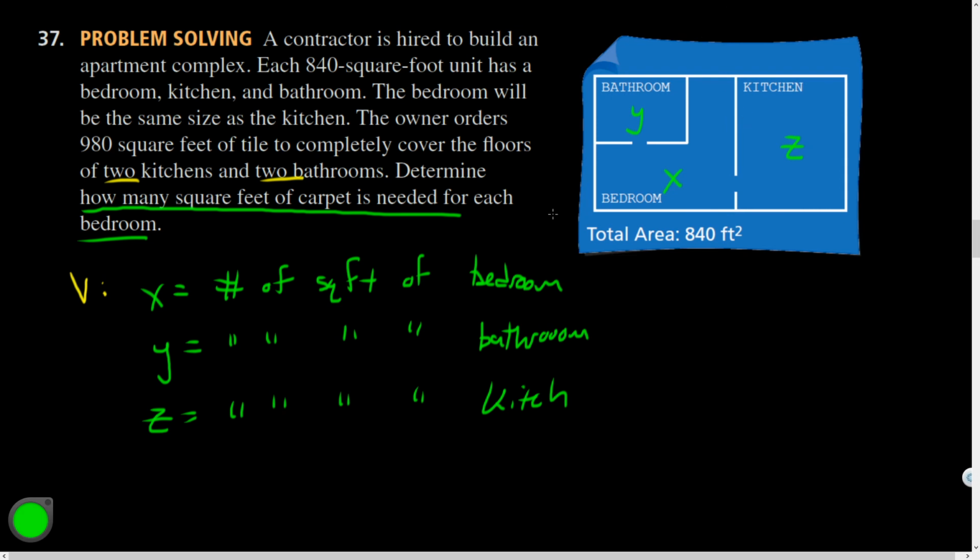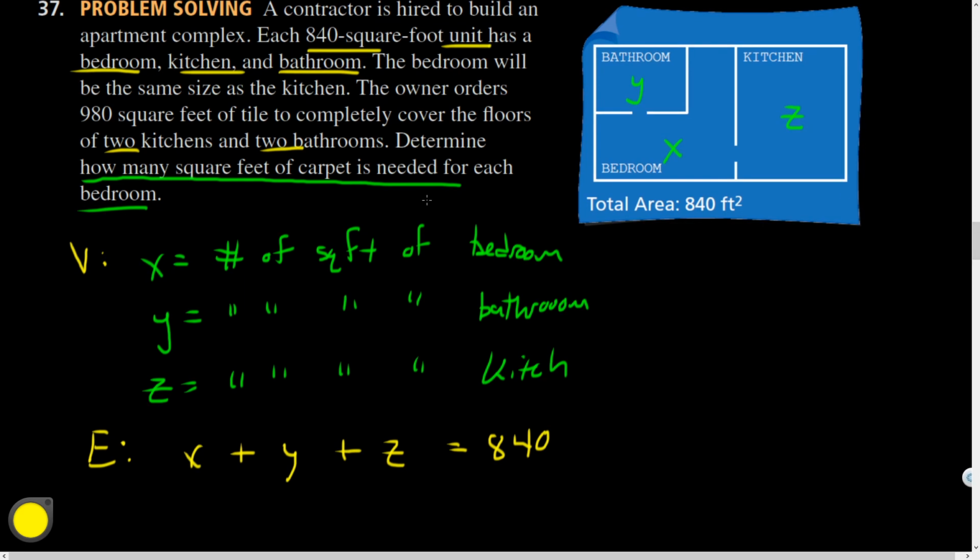Now, let's look at our equations here. They told me each unit has this, and each unit has one of each. And so I'm going to say that x plus y plus z is going to equal 840. Okay, all right. I then also know that the bedroom will be the same size as the kitchen.